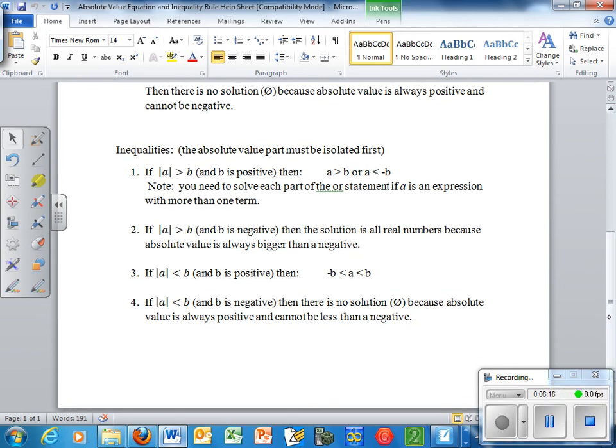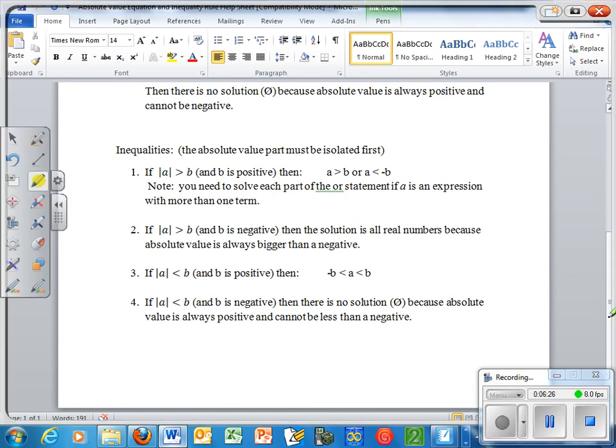So here's what I'd have. I have the absolute value less than B, and B is a positive. Then this is what I write right here.